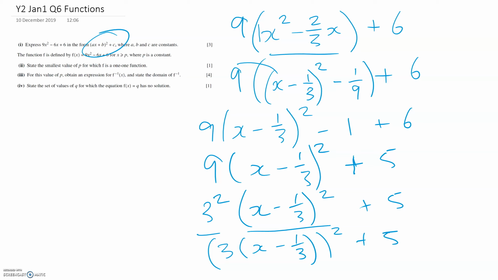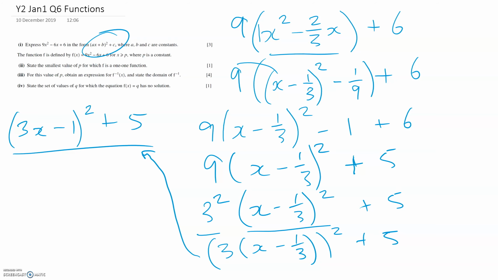This is a bit like the reverse of what you do when you're doing the binomial expansion, because if I move this over to here now, this becomes (3x minus 1) squared plus 5. There might be quicker ways to do this, but that's the way I would do it.